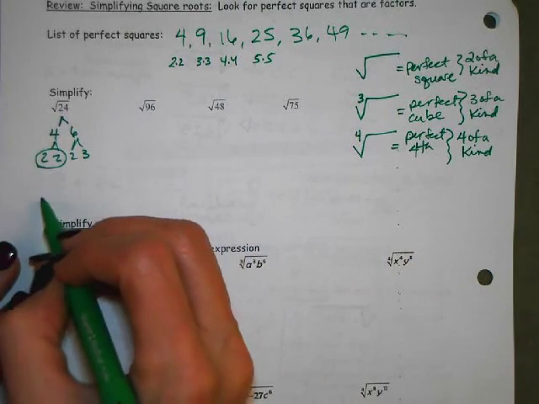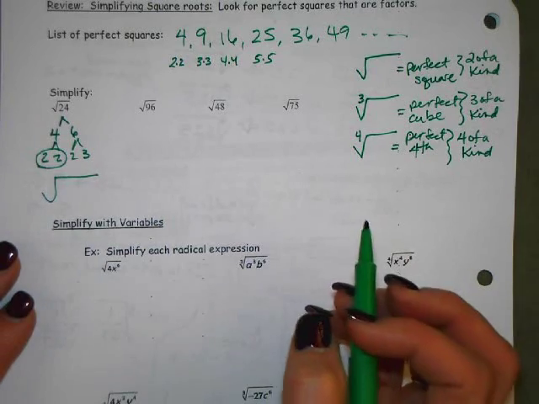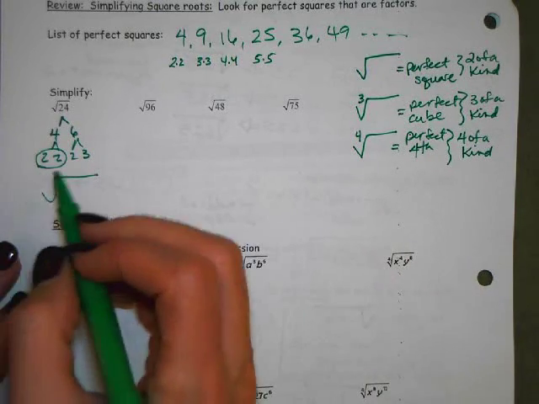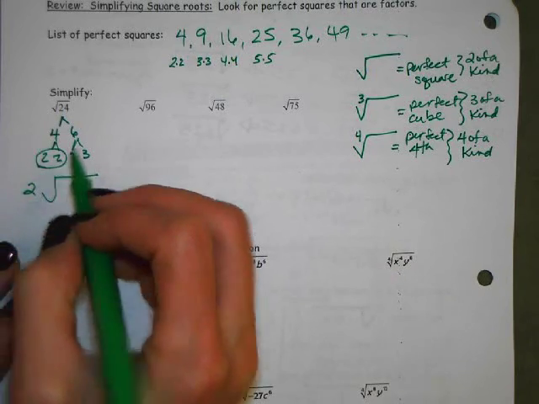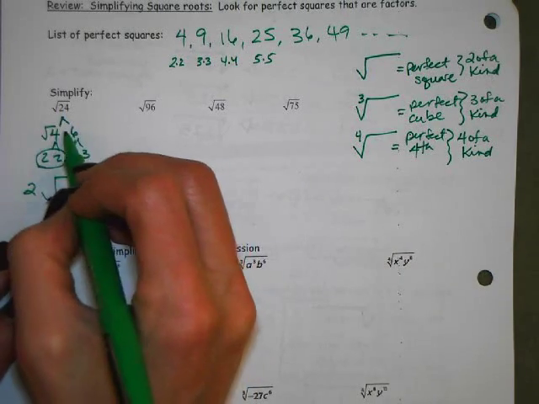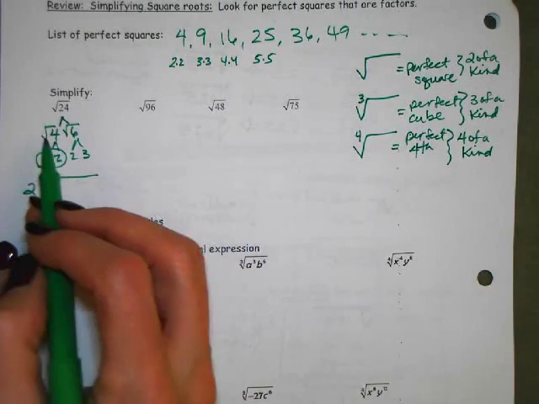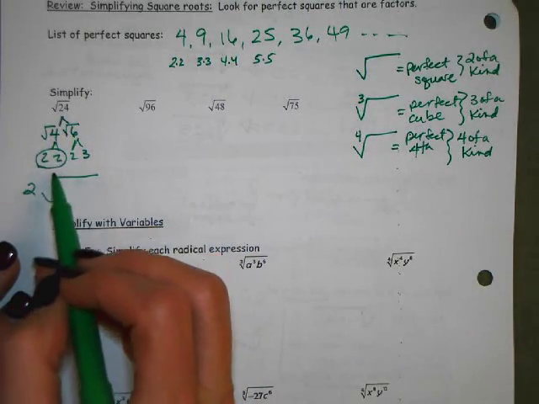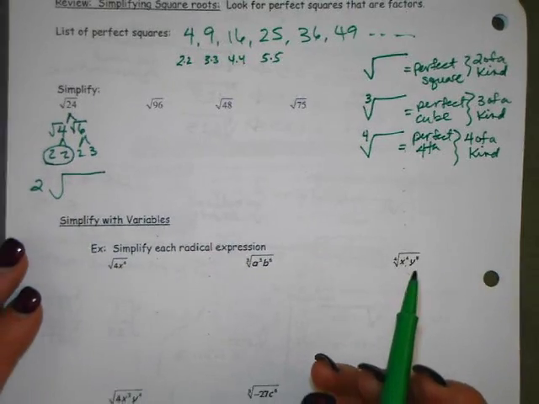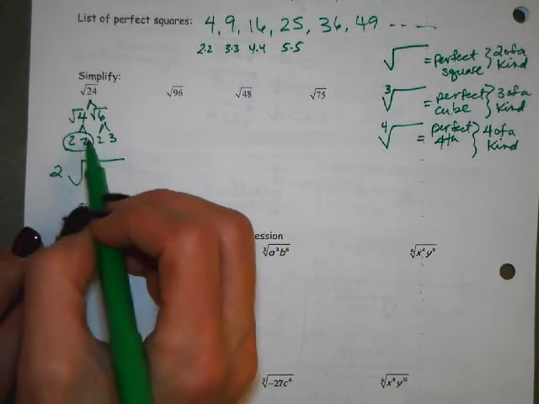Okay? What did I do in the card game when I found a pair of 2s? I brought it out to the left, and I wrote it on the left-hand side. I have 1 pair of 2s. Alright? So really this is like saying the square root of 4 and the square root of 6 because it's underneath the square root. What's the square root of 4? 2. So I'm going to take that value and move it to the left. Okay? So I'm going to look for any pairs.